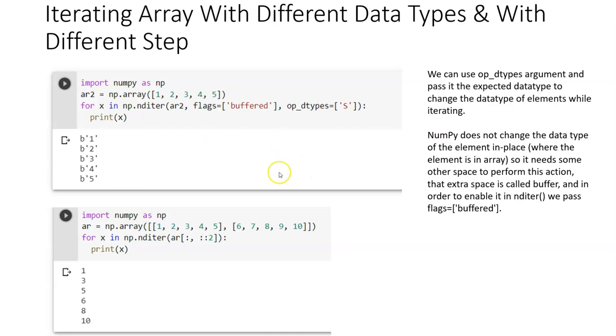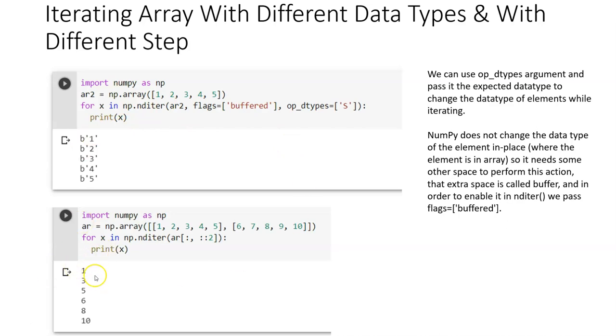So which is why we pass this flags equals buffered, so that this enables the extra space for processing. Do you understand? These are numeric types, and they are converted into string. You see this appearing in a column.